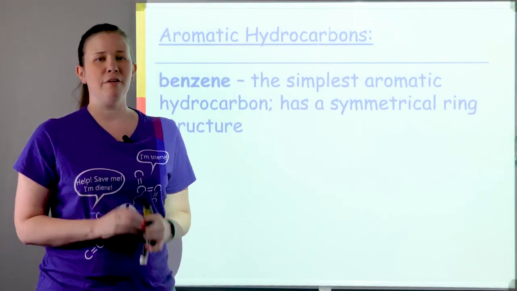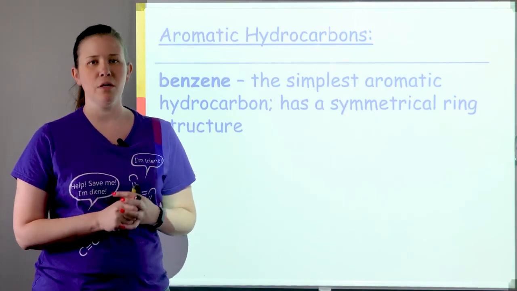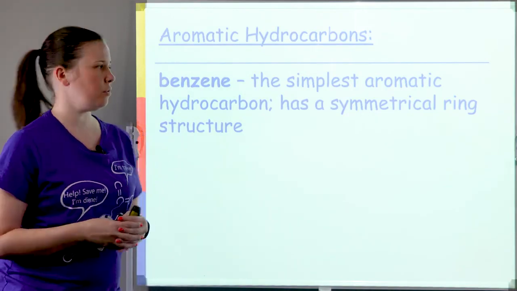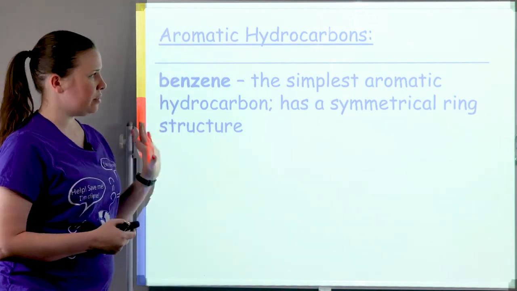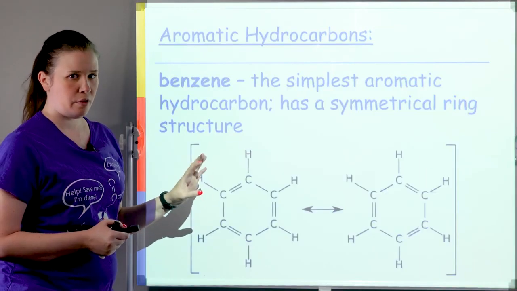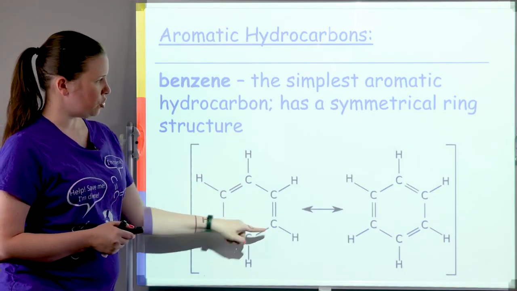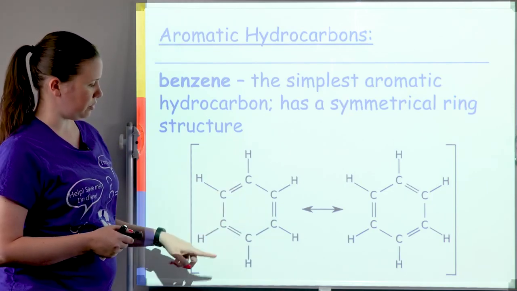Now let's talk about a very special type of hydrocarbon called benzene. This is going to be a host or starting point for a whole family of derivatives, things that are derived from or made from benzene. So let's talk about what benzene is to start with. Benzene is a ring of 6 carbons which has conjugated double bonds, meaning every other bond is a double bond.